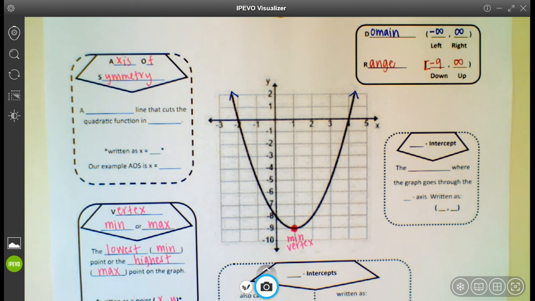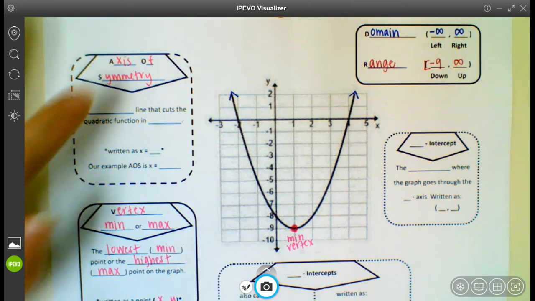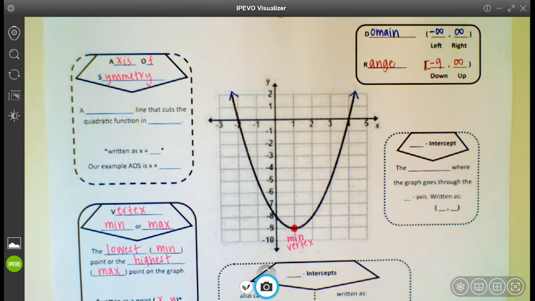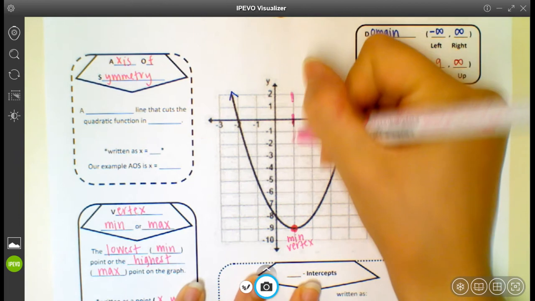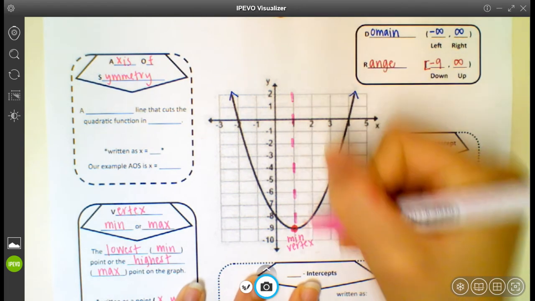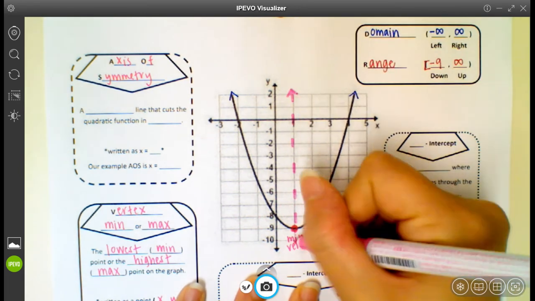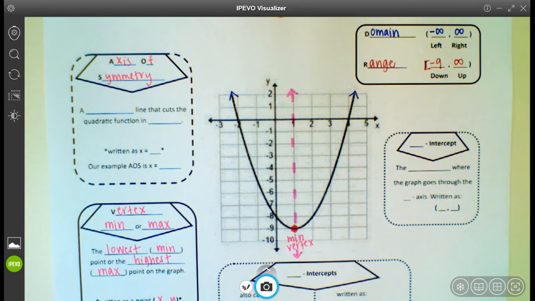Symmetry means that you can map me onto myself, or you can fold me to make equal halves. So an axis of symmetry is where I can fold so that I'm literally halfway through my U shape.